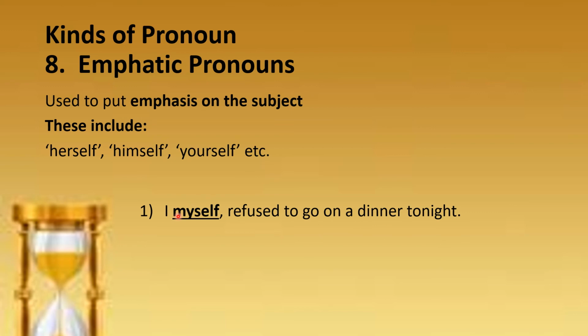See the example. I myself refused to go to dinner tonight. So myself has been used as an emphatic pronoun in this example because it is used to put emphasis on the subject I.